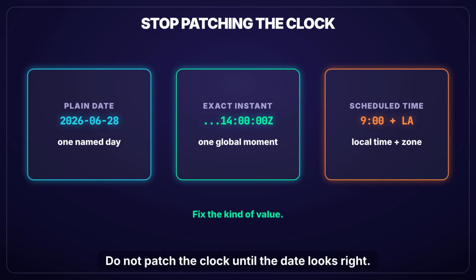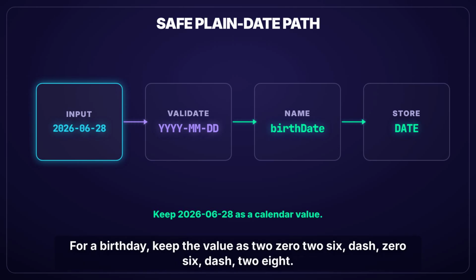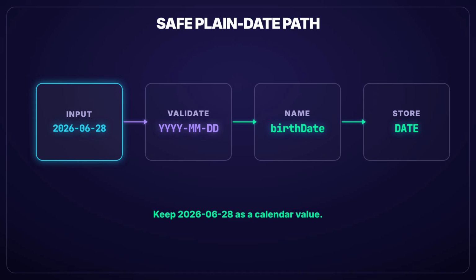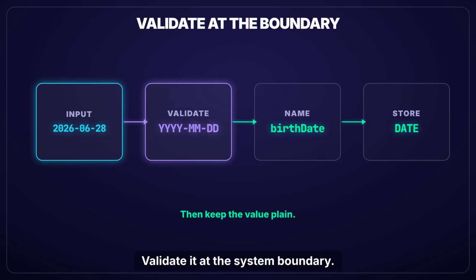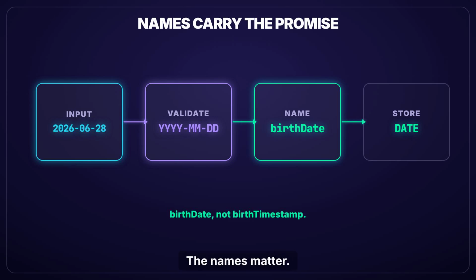Do not patch the clock until the date looks right. Fix the type of value. For a birthday, keep the value as 2026-06-28. Validate it at the system boundary. Then keep it as a date-only string or 3 named fields. The names matter.